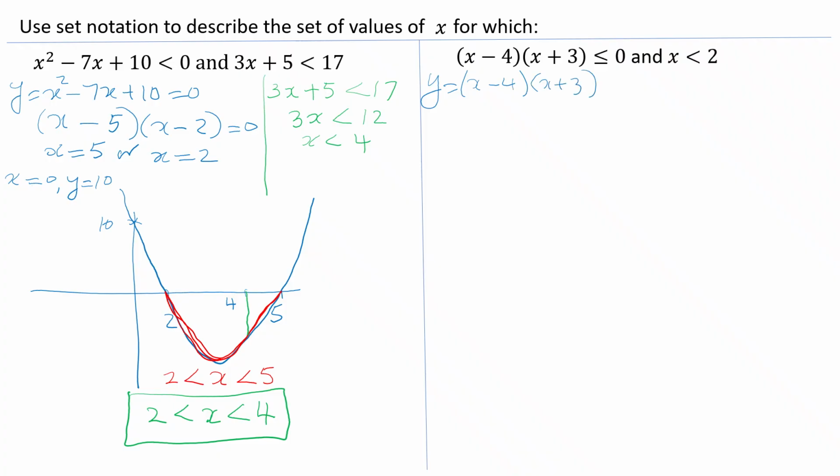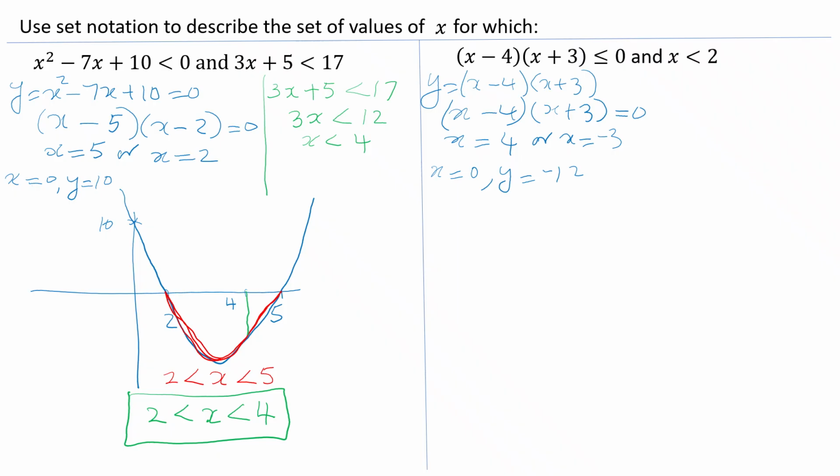If you make y equal 0, then x minus 4 times x plus 3 equals 0, then x equals 4 or x equals minus 3. Then when x equals 0, y equals minus 12.